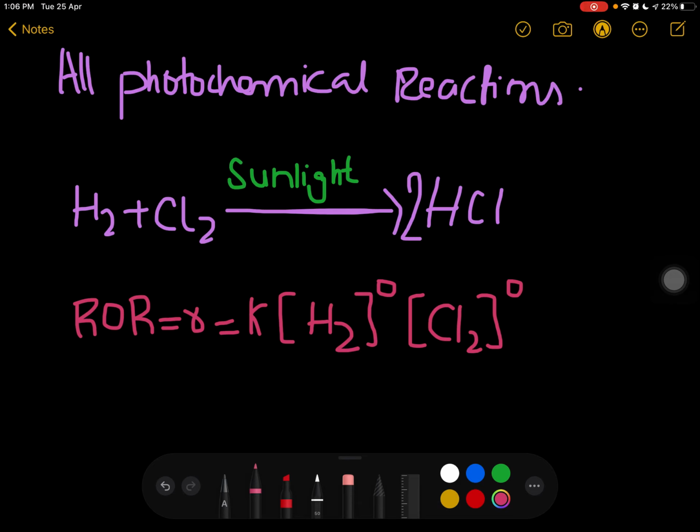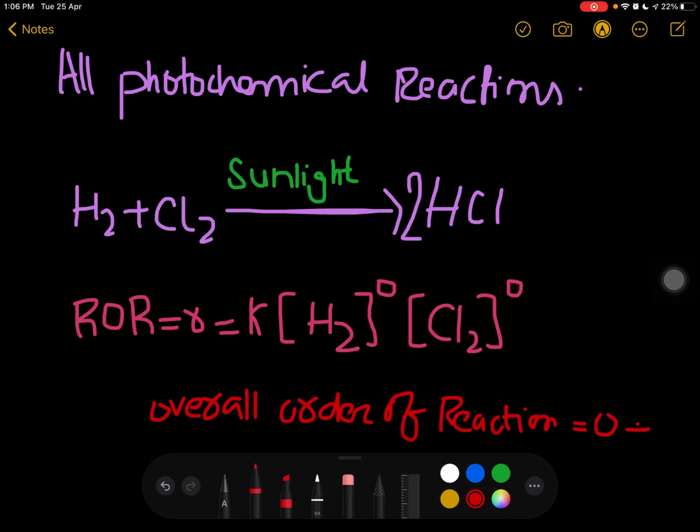So the overall order of reaction will be 0 plus 0, which is 0.